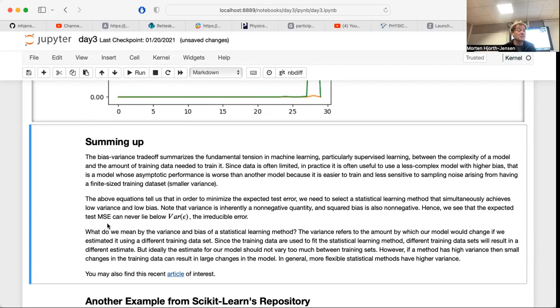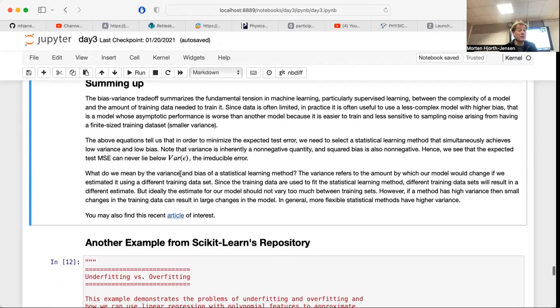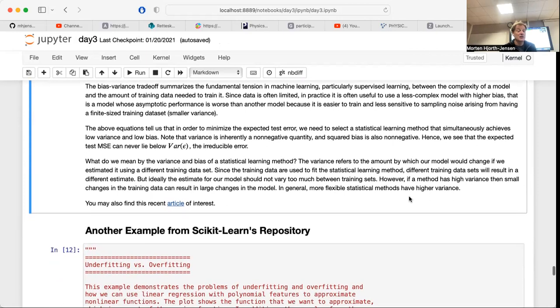What you see then is that the expected mean squared error can never lie below the variance of the irreducible error. So the variance refers to the amount by which our model would change if we estimated it using a different training data set. And since the training data are used to fit the statistical learning method, different training data sets will result in a different estimate.